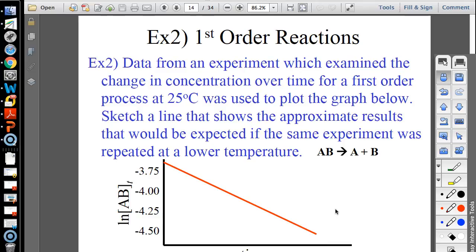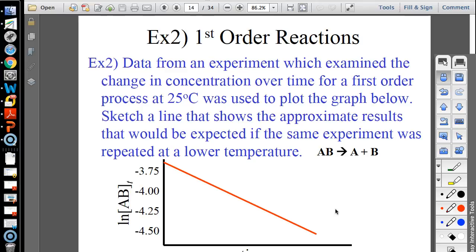All right, talk to your friends about this question. It's not math, it's concept-based. I'm going to pick somebody, and I want you to tell me what's going to happen to the slope of this line. Remember that when we integrate these rate laws and plot the data, the slope of the line is K. The steeper the slope, the bigger the K, the faster the reaction happens.